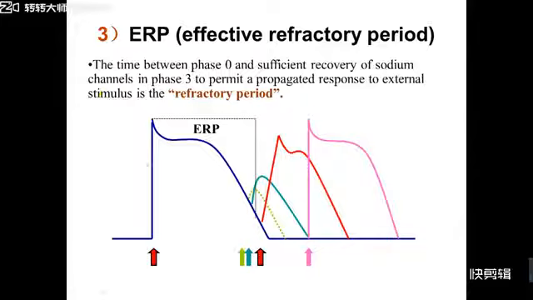So now my question is, do you remember which channel is the major channel from phase 0 to phase 3 in ERP? Which channel? Sodium, calcium, potassium?